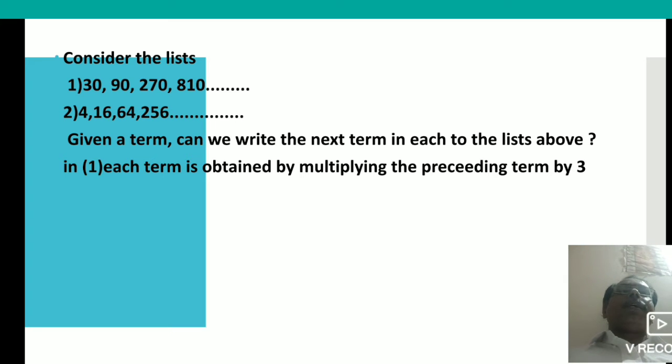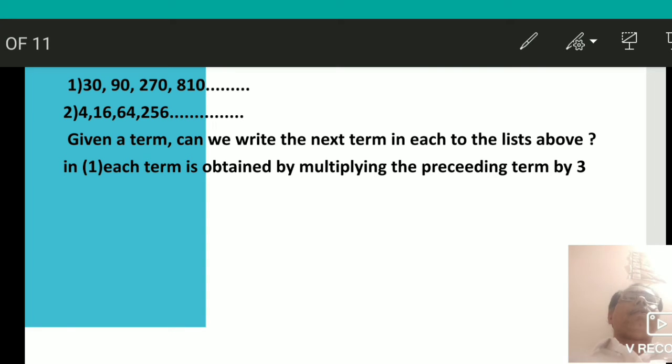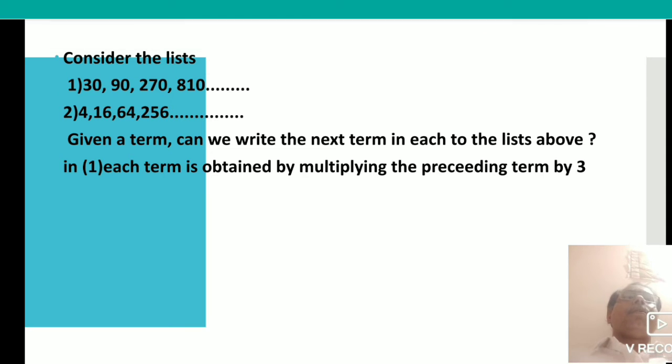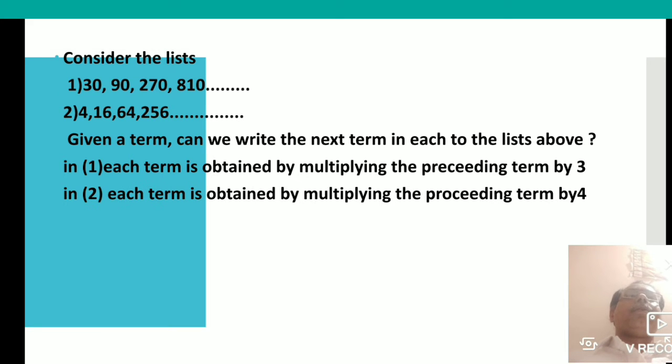So see the second one. In the second list, each term is obtained by multiplying the preceding term by 4. The first term here is 4. If you multiply 4 to that first term 4, we get simply 16. In a similar way, to get 64, we have to multiply 4 to the 16.